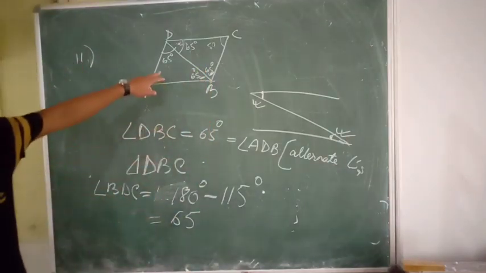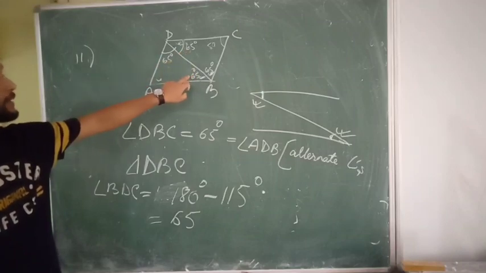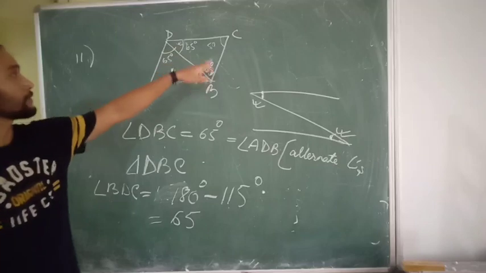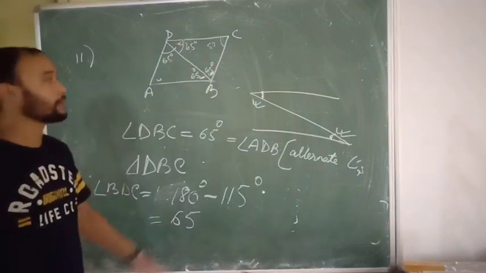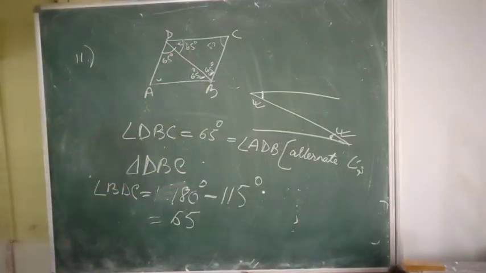Now, what will be the value of this? We are able to get this also. In this particular triangle, one angle is 65, another is 65, one is 50 degree. That means it is an isosceles triangle because two angles are equal.